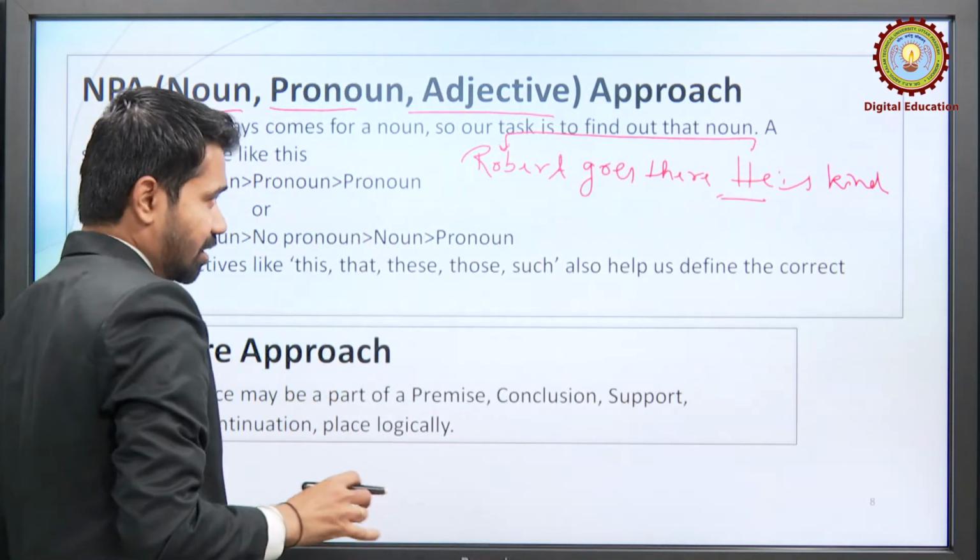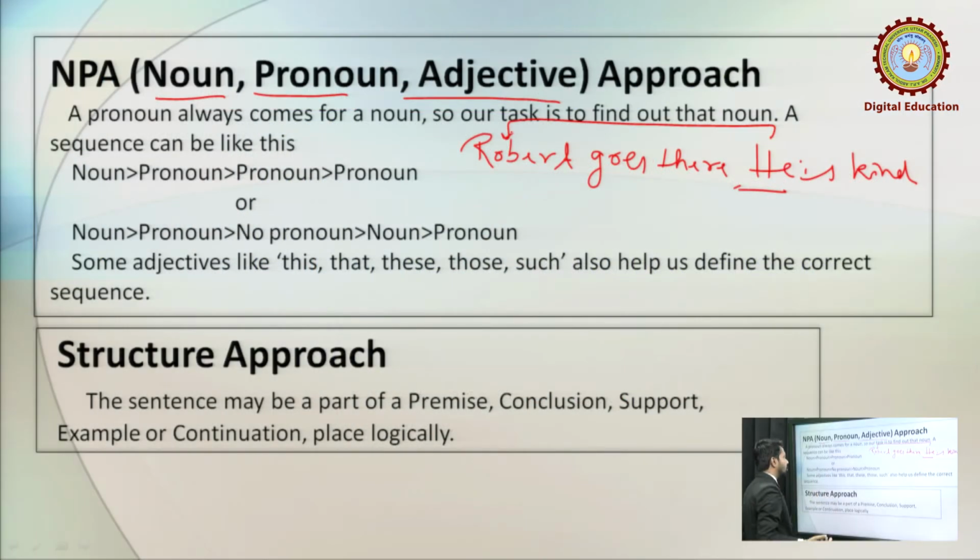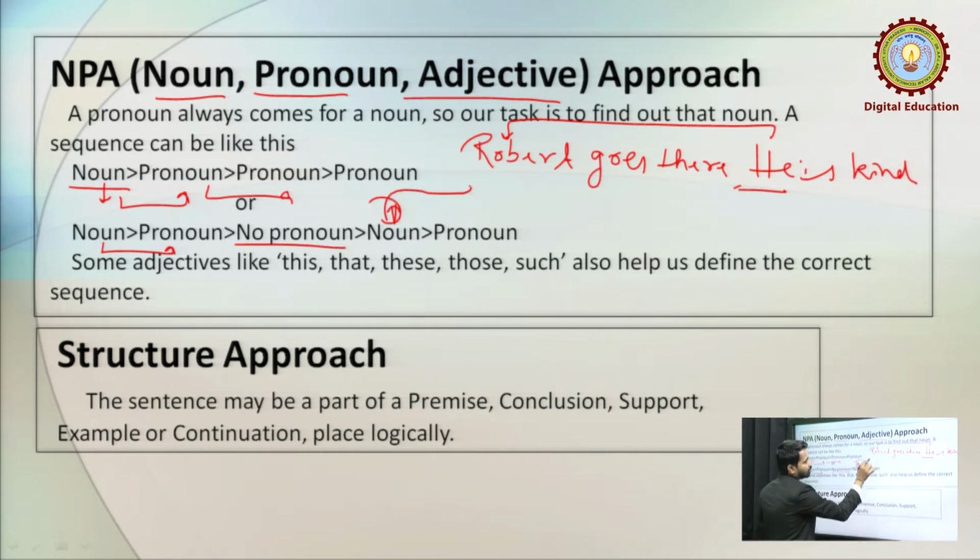So the sentence basically cannot start with a pronoun. First of all, you need to introduce the subject matter. So for this we have to say a noun, followed by a pronoun, then again pronoun. If there is a break in a sentence, first noun comes and then pronoun, then there is a break and no pronoun you find, then you have to start from noun again, then after that pronoun.